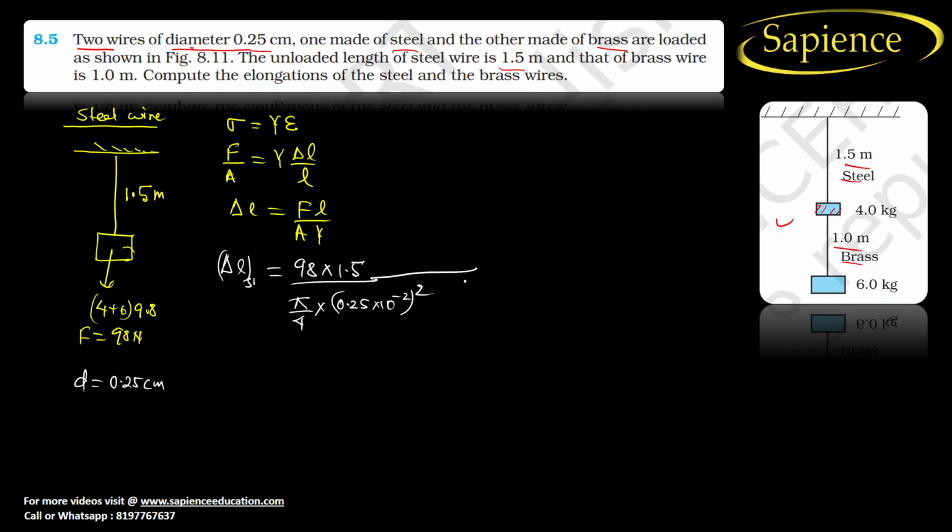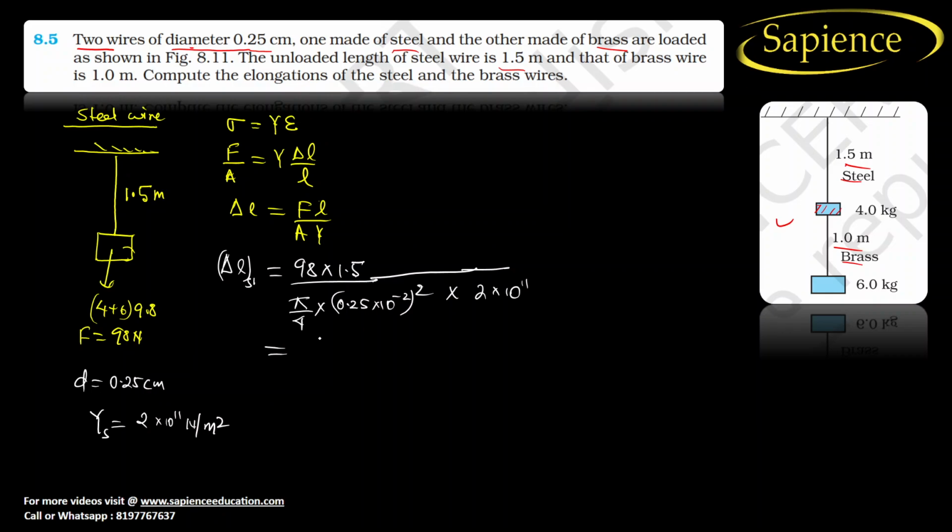So we have got the area, into the Young modulus of the steel. We know that the Young modulus of steel Ys is equal to 2 into 10 to the power 11 Newton per meter square. So here we can use this 2 into 10 to the power 11.